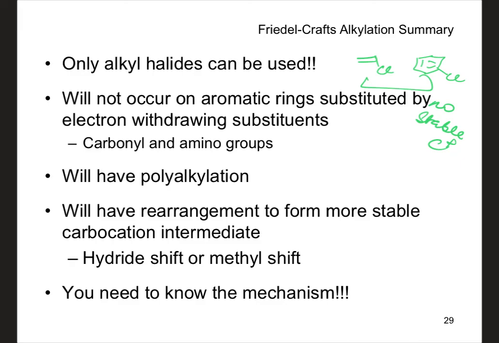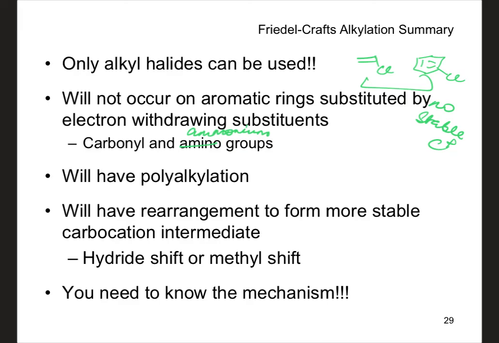This will not occur if you have electron withdrawing groups, right? So if you have things like a C double bond O or a C triple bond N, I'm going to remove the amino and call that ammonium. I think that's a typo. And so that will not take place either.